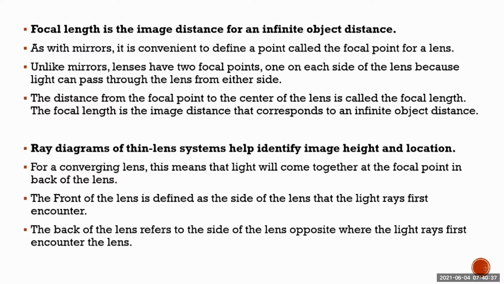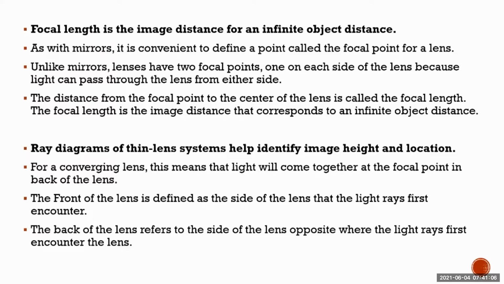Ray diagrams of thin lens systems help to identify the image height and location. For a convergent lens, this means that light will come together at a focal point in the back of the lens. The front of the lens is defined as the side of the lens that the light rays first encounter. So, light comes from the front of the lens and passes to the other side, to the back of the lens.